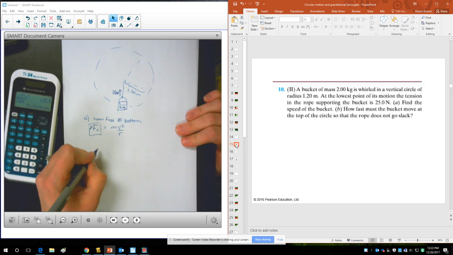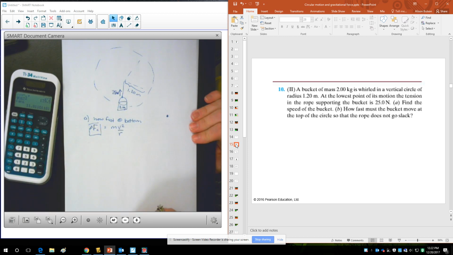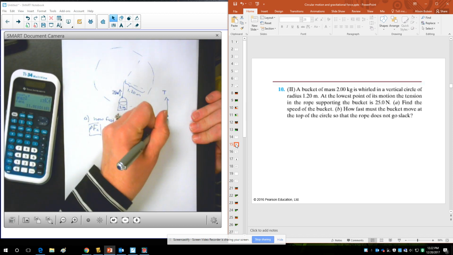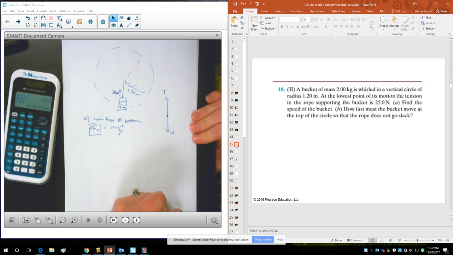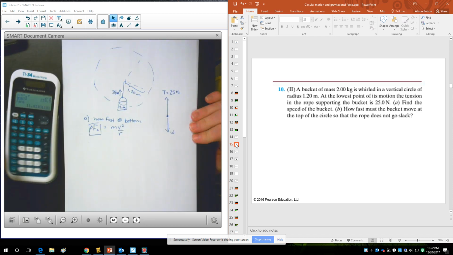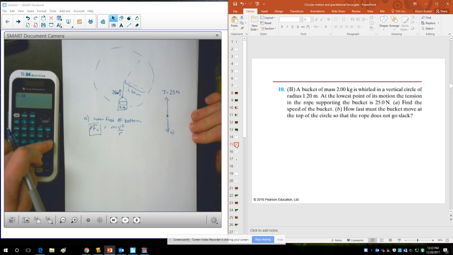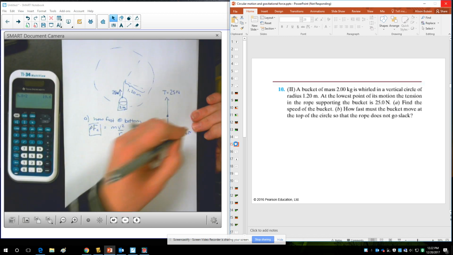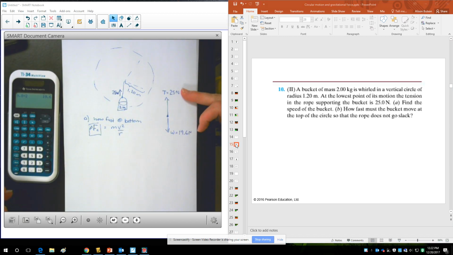The net force on that bucket, if I think about a free body diagram, is the difference between the tension in the string and the weight of the bucket. Tension, we're told, is 25 newtons. The weight of the bucket, mg, is 19.6 newtons. So the difference between those two is what's left over as my centripetal force.